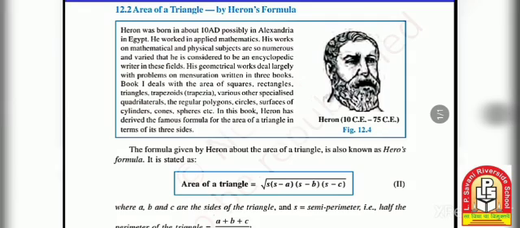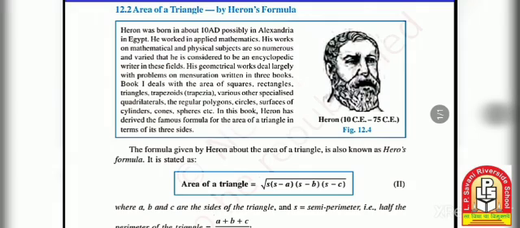Let's begin with the area of a triangle by using Heron's formula. Heron was born in 10th AD, possibly in Alexandria in Egypt. He worked in applied mathematics.